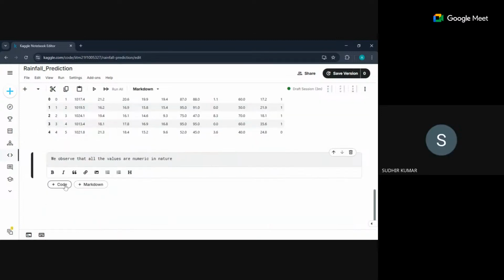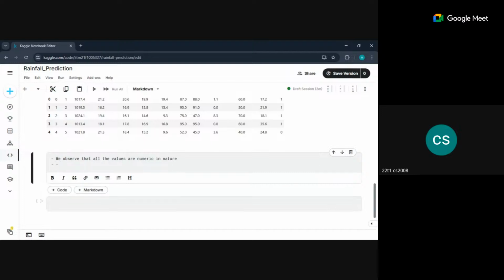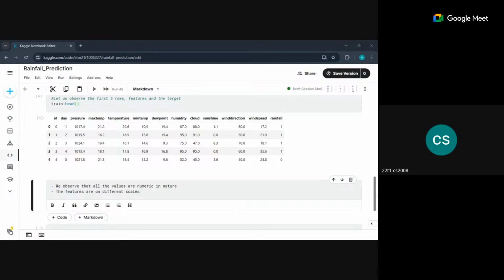The features are on different scales. Okay, good. Anything else?